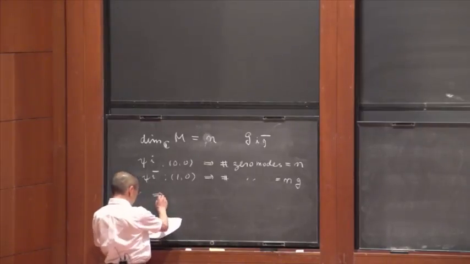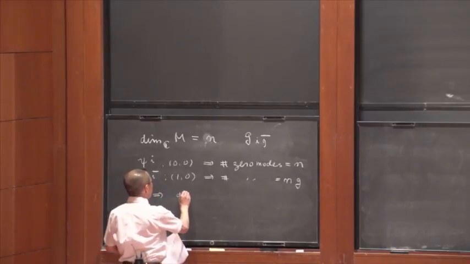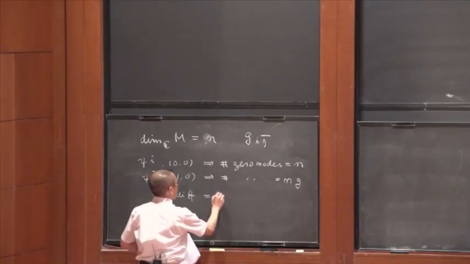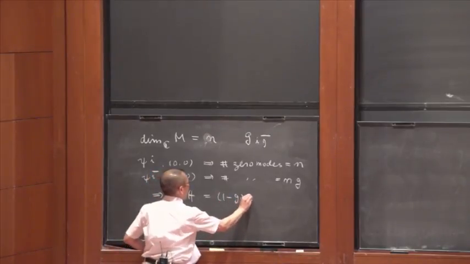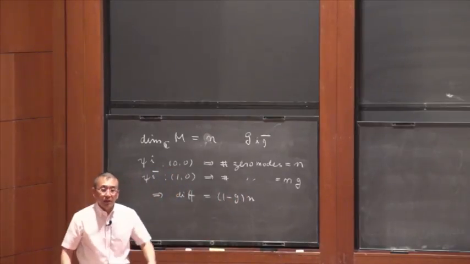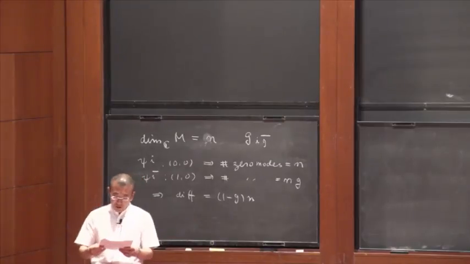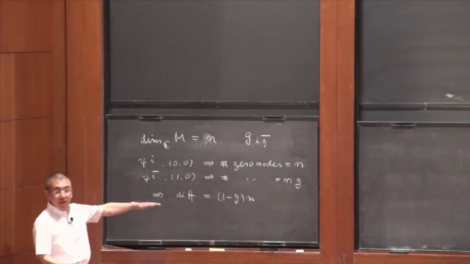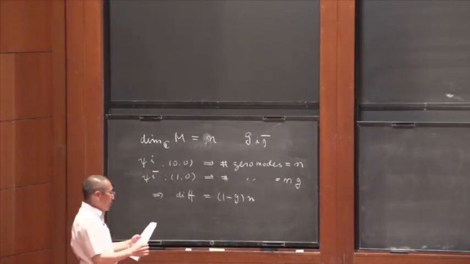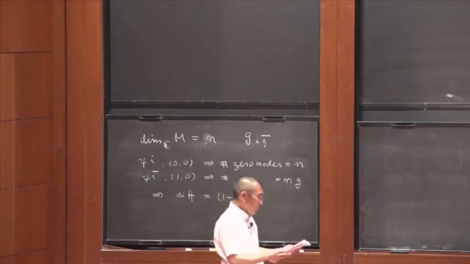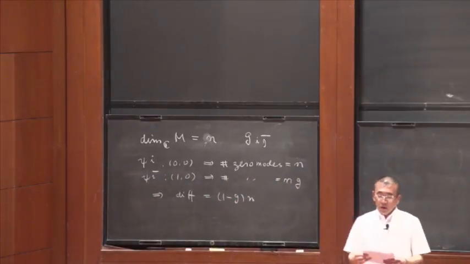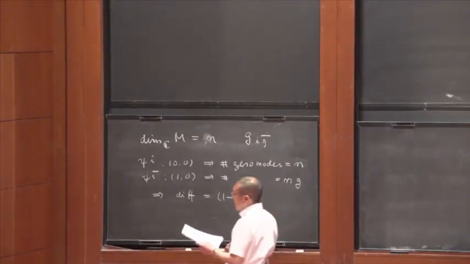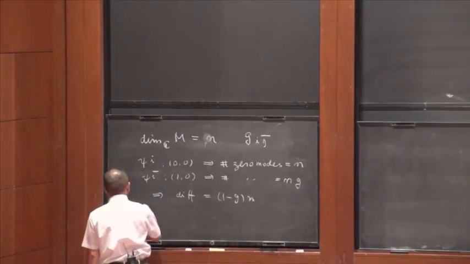So therefore, the zero mode difference, which is 1 minus G times n, still stays even if the target space Calabi-Yau geometry is curved. And this difference does not go out. So that's going to be important. So in the following, I'm going to use the A model notation.